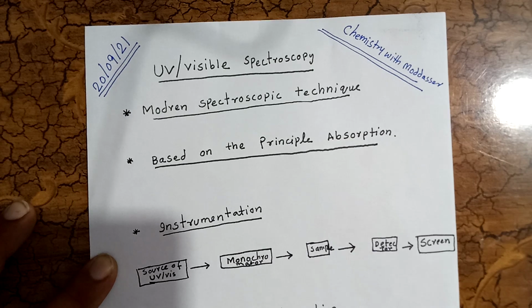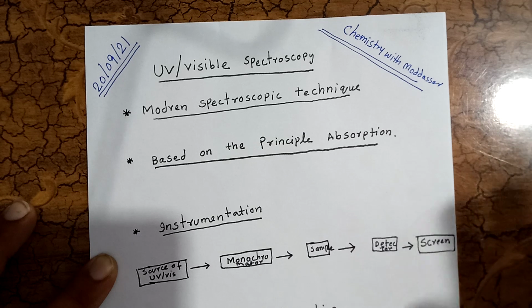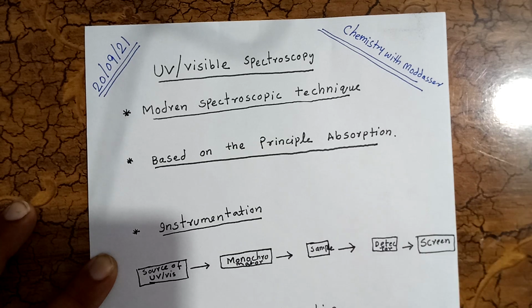What is the principle of UV visible spectroscopy? UV visible spectroscopy is based on absorption. When UV visible light falls on the sample, the sample absorbs some of the radiation, and the rest is transmitted.